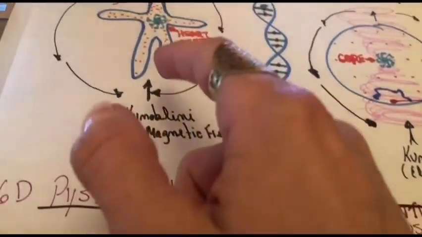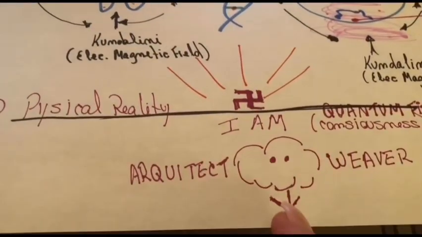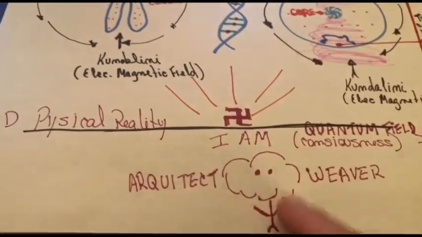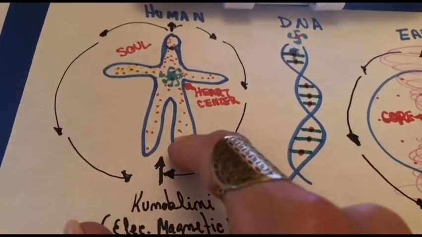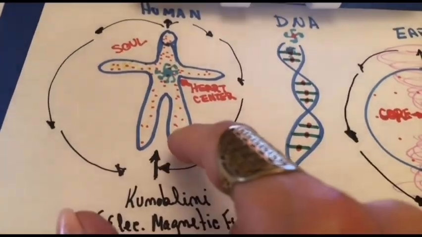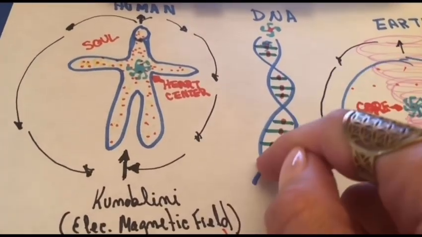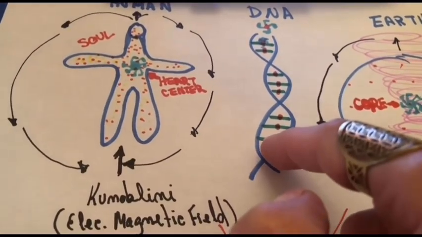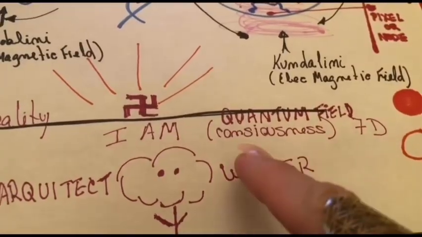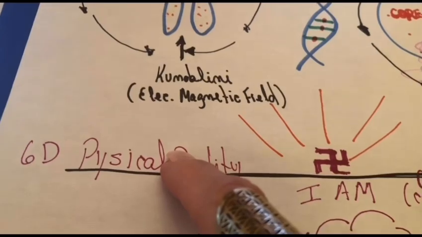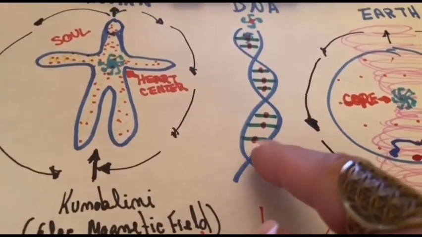So all these points here, they bleed into the other realm, 7D. So this is the point where consciousness shows up. Every little point of your DNA, it's the portal between this realm and this realm, quantum and physical. So this is where it bleeds through. That's why we call it the antenna.